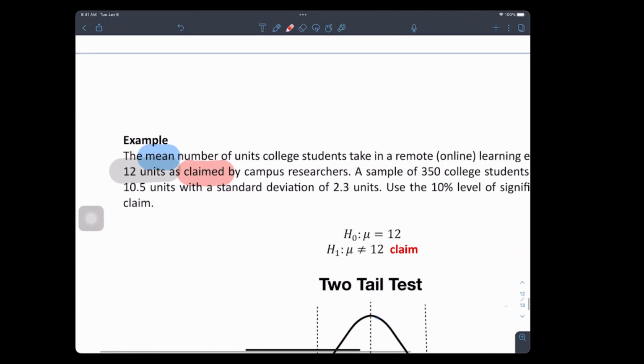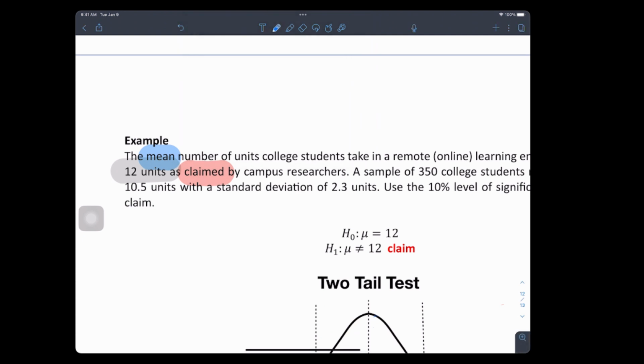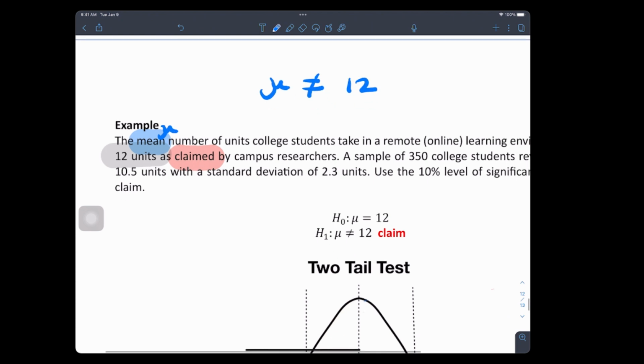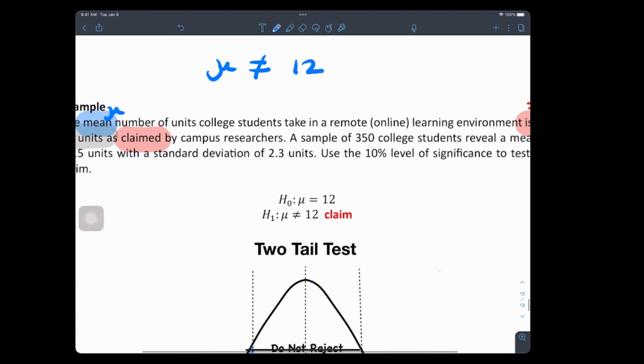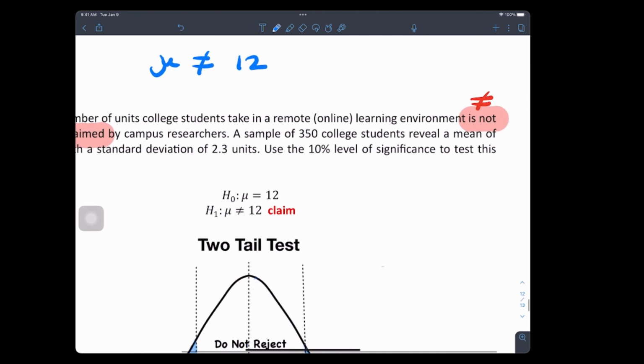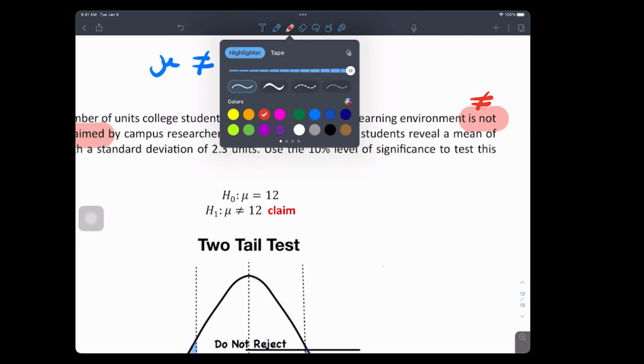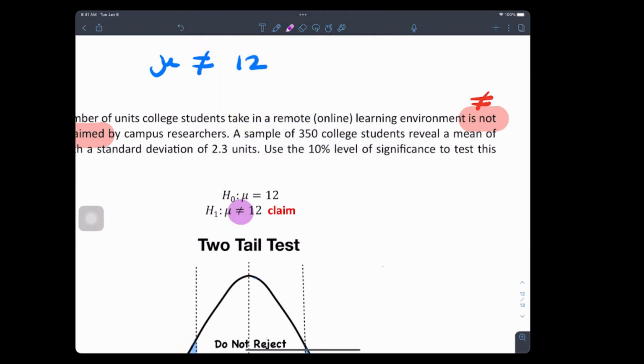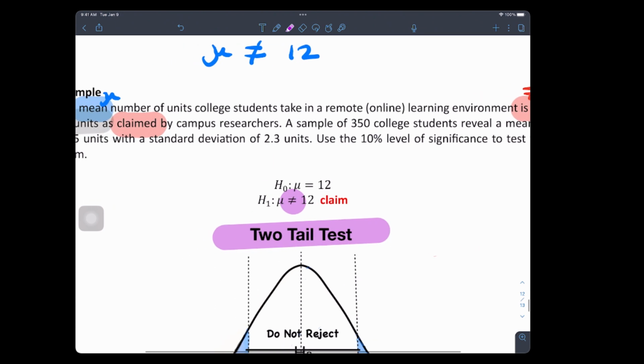So when I write this down, here's our mean. Mu is not equal to 12. Isn't that the claim? Did I put it in the right position? Because it does not, right? Isn't that an alternate hypothesis? You guys with me on that one? And moreover, not equal. Isn't that a two-tail test by the traditional method?